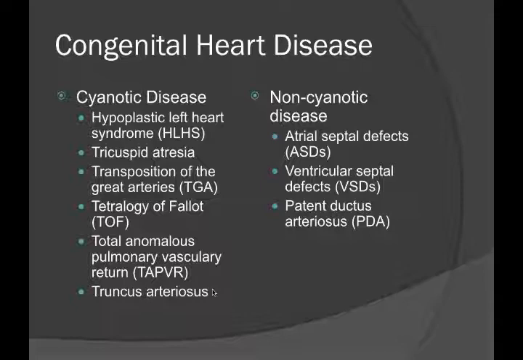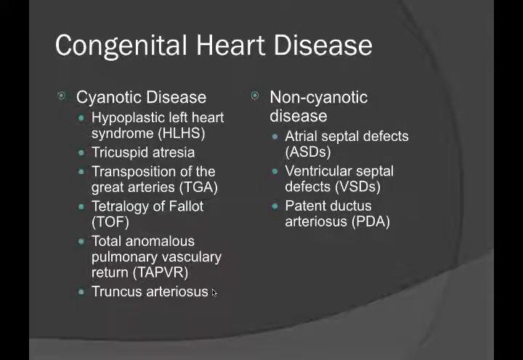The key thing with cyanotic heart disease is to get some sense from it. Many of these are going to be diagnosed. It's very rare that you're going to make the first time encounter with someone like this. Almost all of these are diagnosed prenatally.